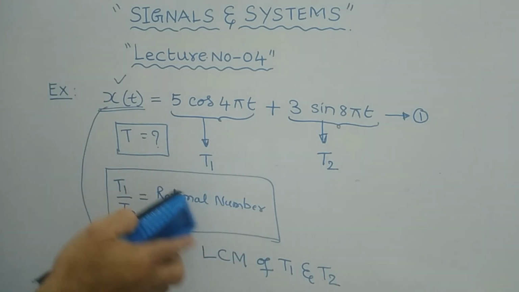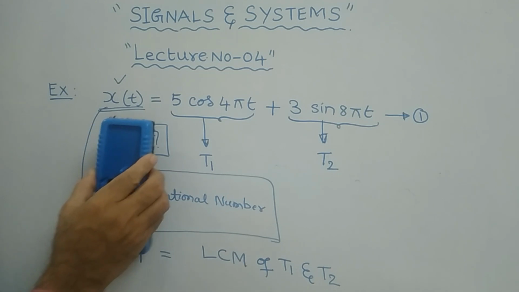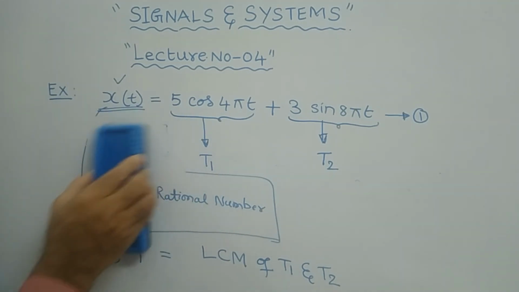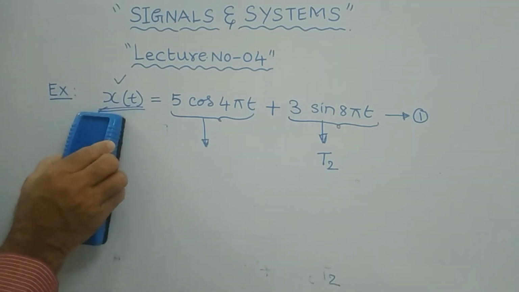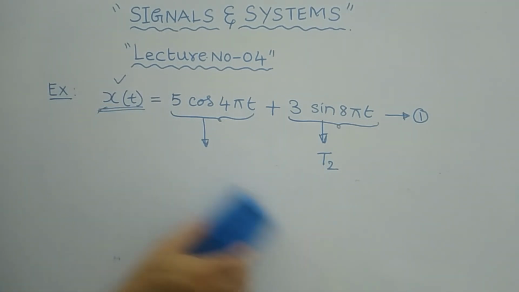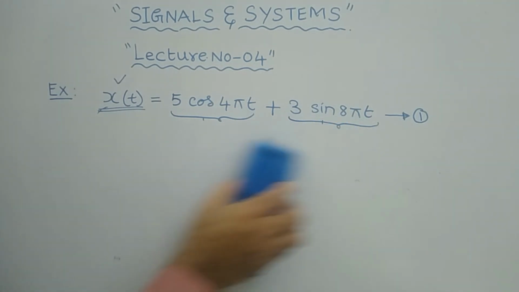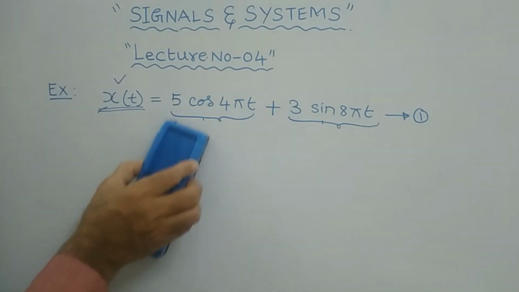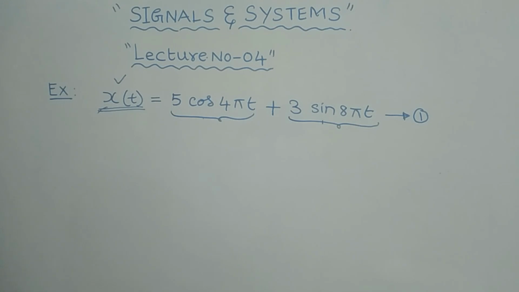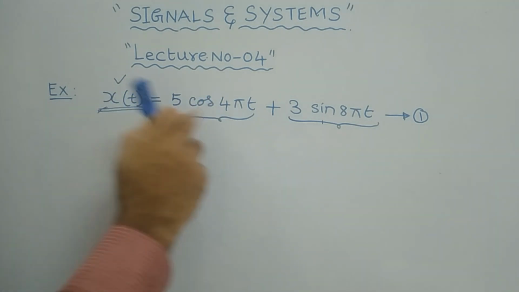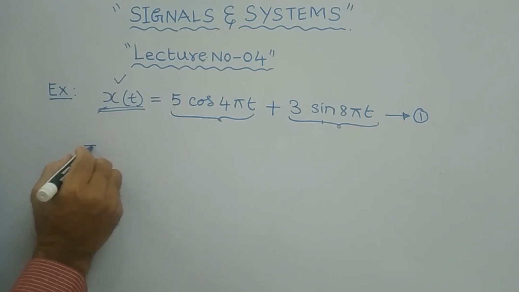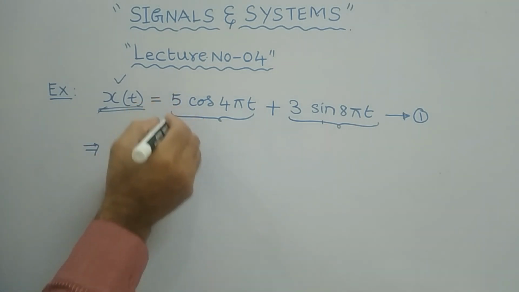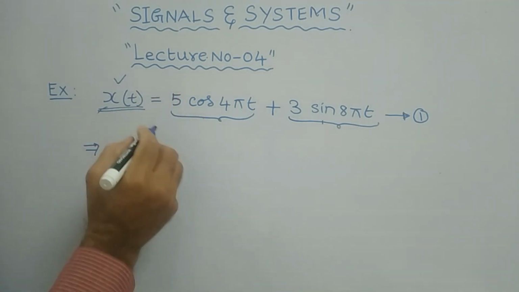Now, as per this information, find out what is t1. I already explained how the time period is to be obtained for a cosinusoidal signal as well as a sinusoidal signal. We already know that. So if you consider this particular term, from here directly I can write, because the magnitude I will not consider.